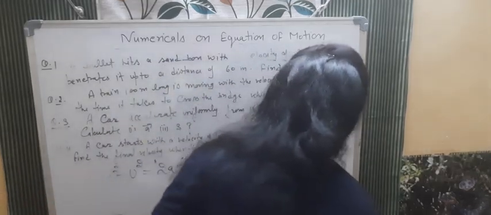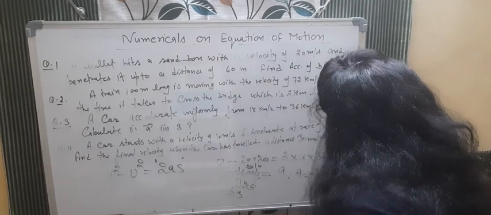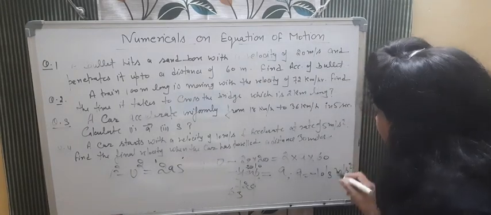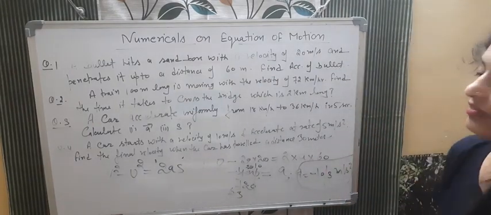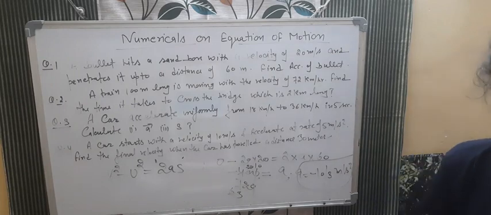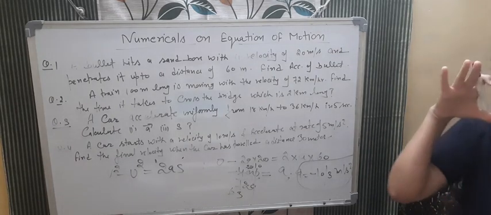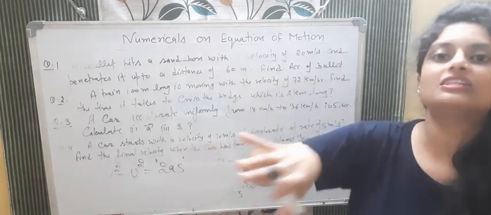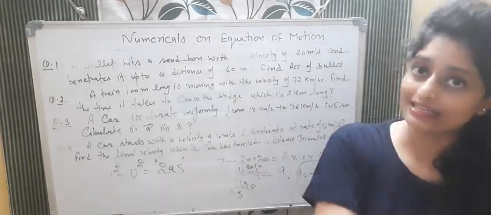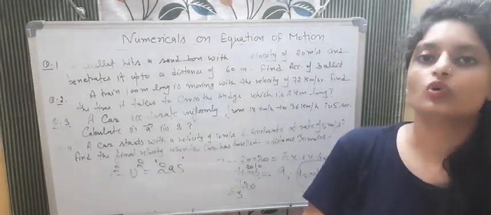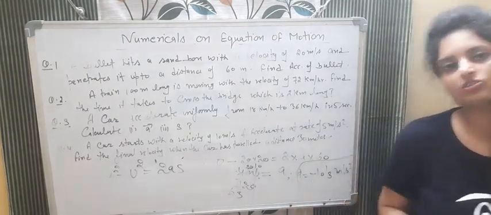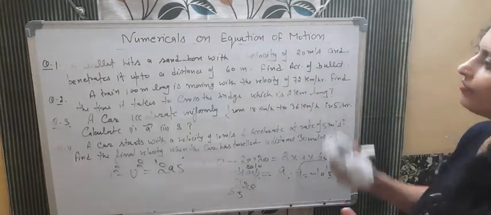So A will be minus 10 by 3 meter per second square. This acceleration comes negative, and negative acceleration is retardation. It means when the bullet goes inside, its velocity decreases with respect to time, and when velocity decreases with time, acceleration is always negative, and negative acceleration is known as retardation. I hope you got the first question.